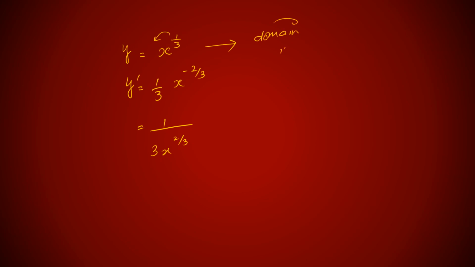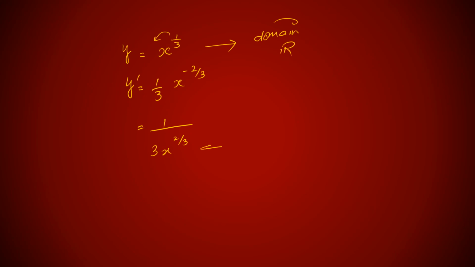One more example. What if the function is x to the power 1 over 3? If we take the derivative of this function, we get 1 over 3 x to the power negative 2 by 3. Now bring the power down to the denominator to make the exponent positive. The domain of the function itself is all real numbers.